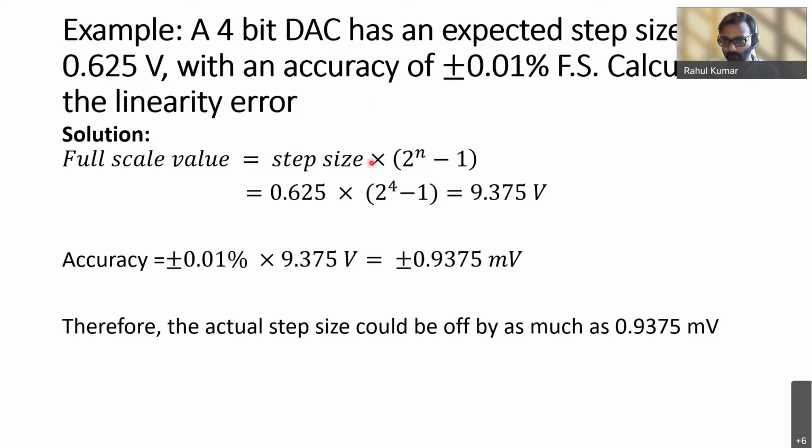Using this formula, we can calculate the full scale value, which comes out to be 9.375. For calculating the accuracy, you are given the percentage, you multiply them together. So you will get the linearity error. Again, this would mean that your step size could have a difference of plus or minus 0.9 millivolt.